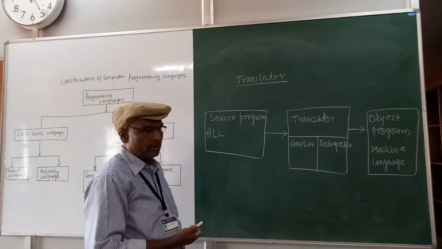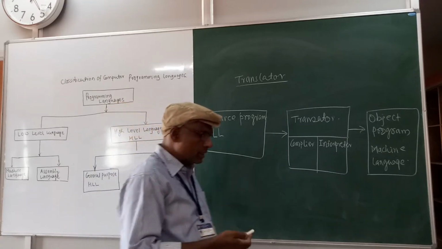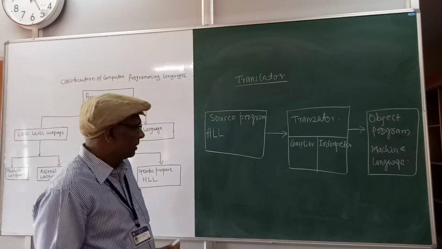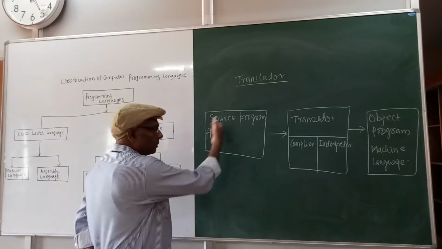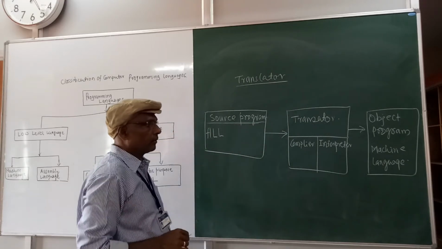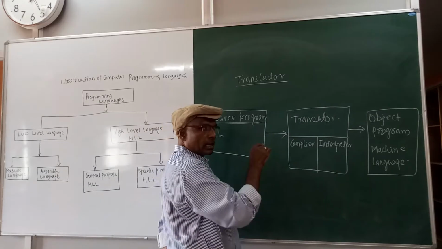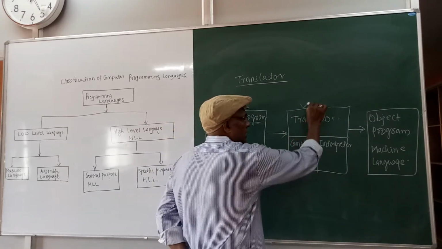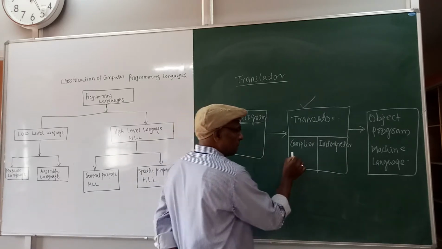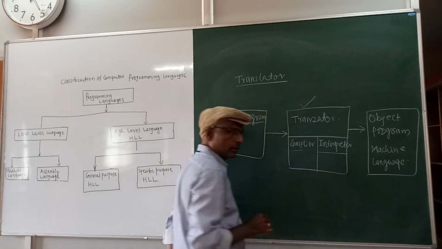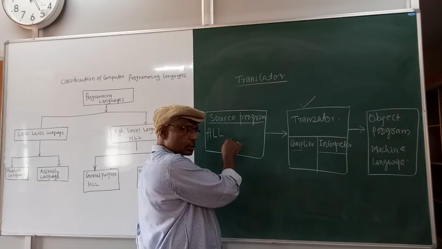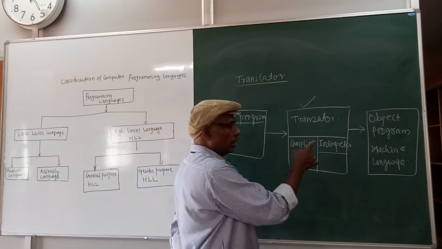The program or instruction should be written by a programmer, easy to understand, easy to write, and the meaning of this can be done here. We have an intermediary program called a translator.